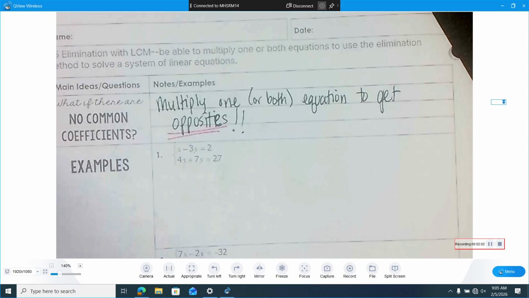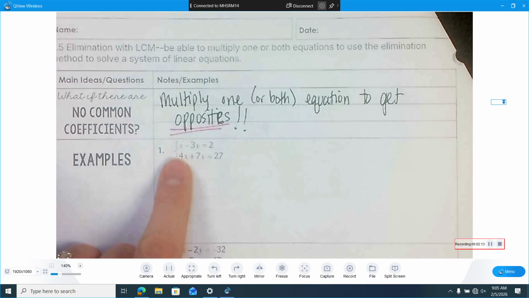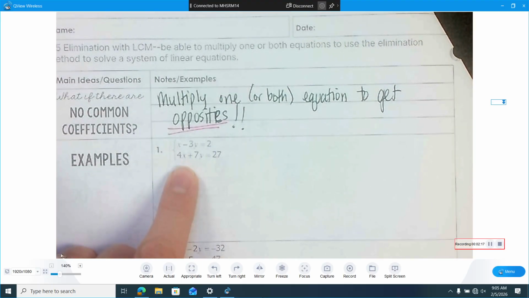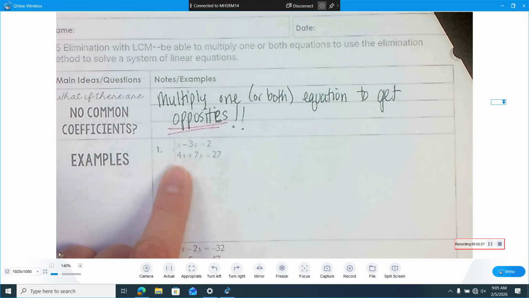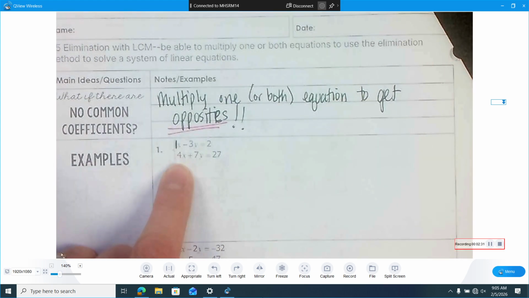What's the easiest way to get opposites? As long as we're multiplying or dividing technically, but usually we multiply, it goes pretty easily. So we're going to look here at number 1. And you'll notice, do we have opposites? Do I have like a positive 7 and a negative 7? No, I don't. And 3 and 7 are nothing similar, but I have a 1x and a 4x.